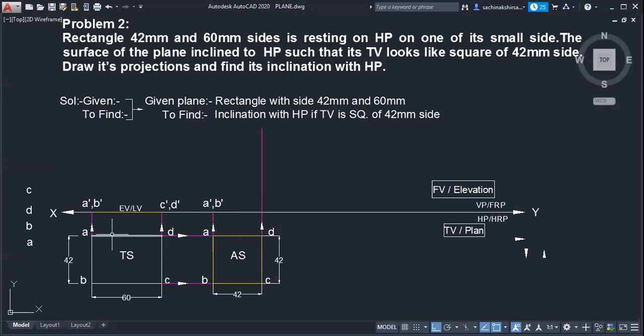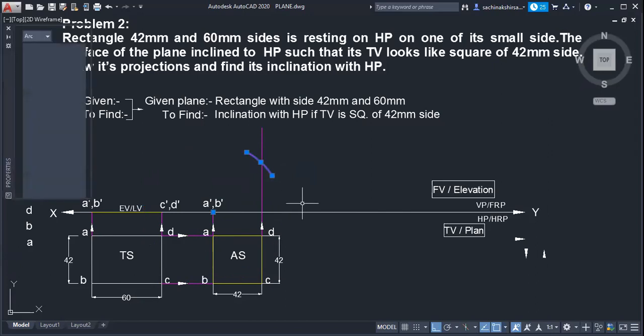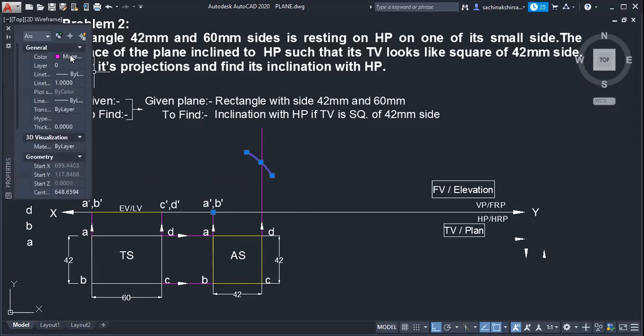Just mark it. I know this distance is 60, so I can mark it here. I know that distance, that's why I'm marking something like this. You can mark by using a compass, so it will come something like this.